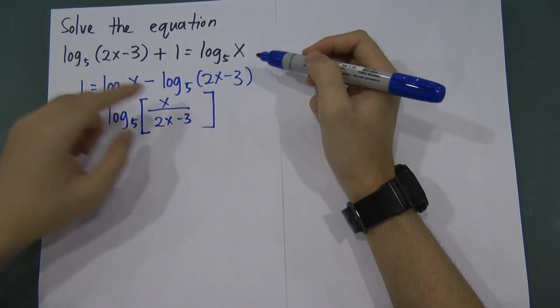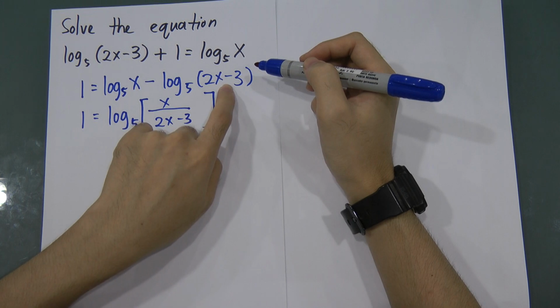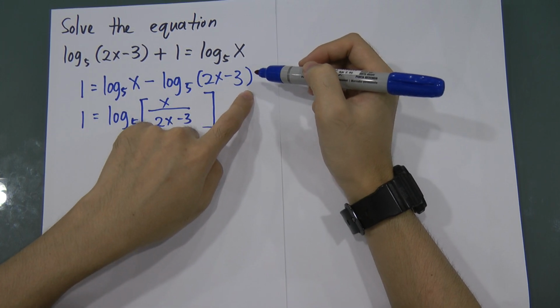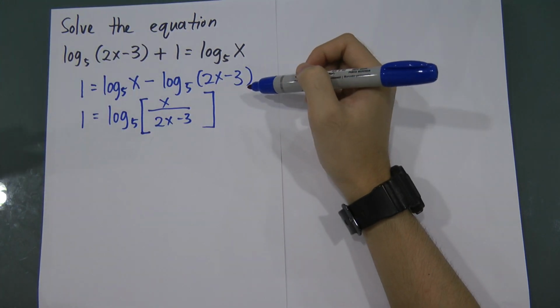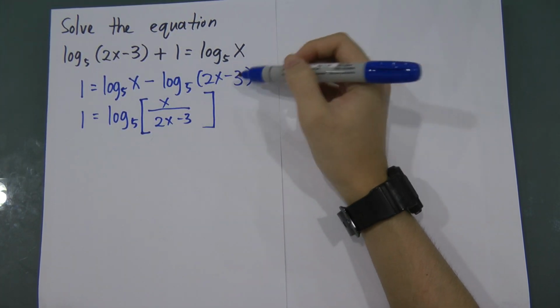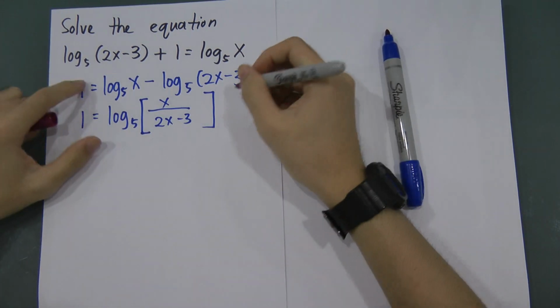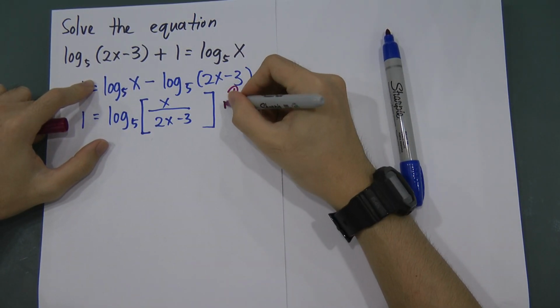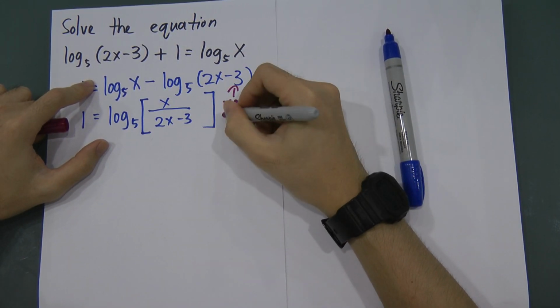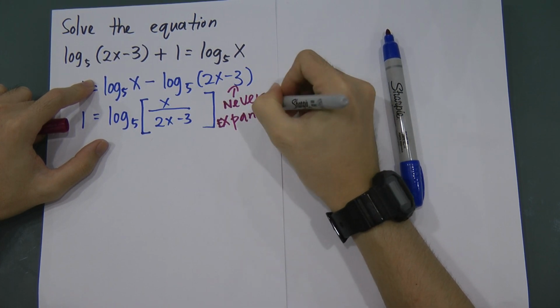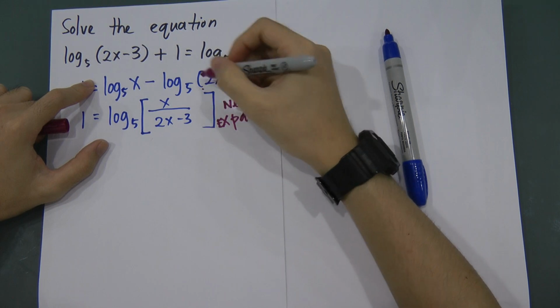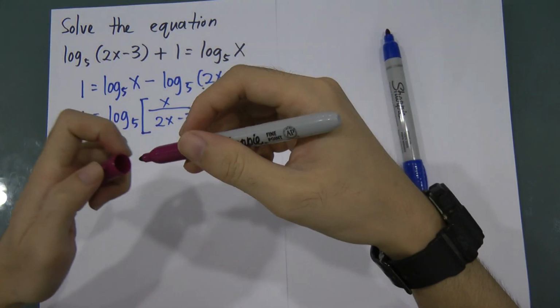This will not become log 5 2x minus log 5 3, or log 5 2x divided by log 5 3. A lot of students will make this mistake. Never expand. Remember, when you got this term, log bracket, you never expand.